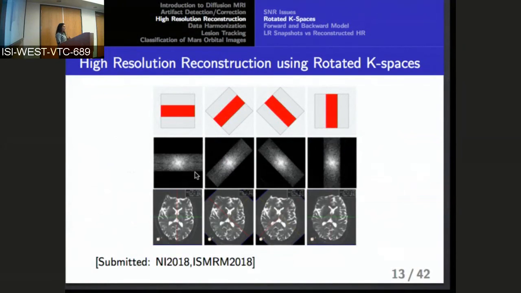For example, for this one here, we do not sample frequency domain information on these two black parts, but we have sampling of them in here. So we have high resolution information in this direction, right? But we lose them in this vertical direction. So each of these snapshots collects some high frequency information in different parts of Fourier space.